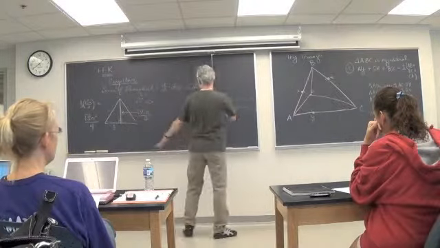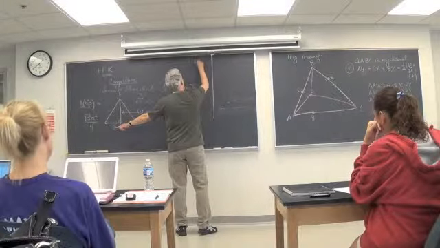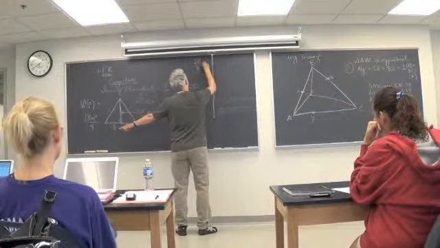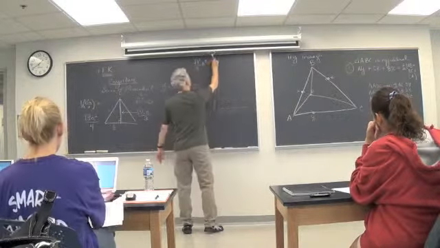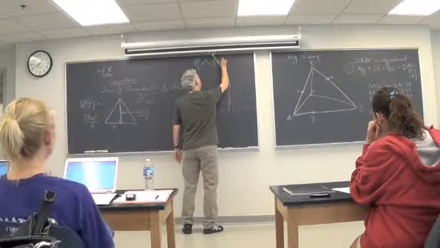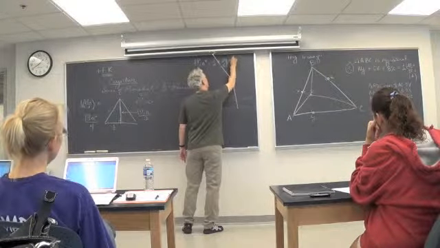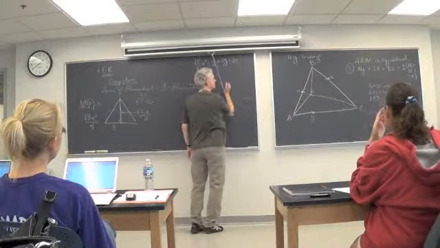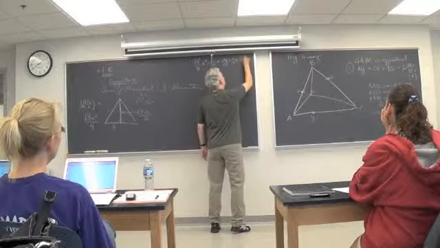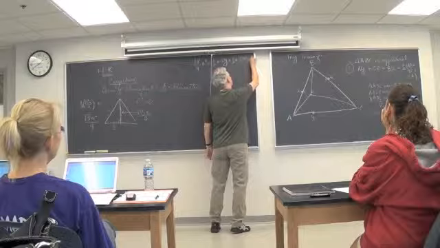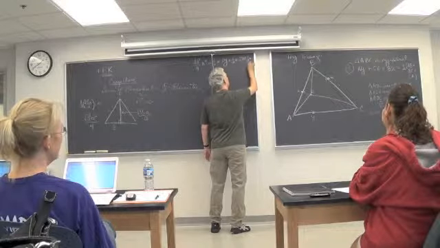So this would be square root of 3 over 4 a squared equals 1/2 a times dy plus 1/2 a times dx, plus 1/2 a times dz.